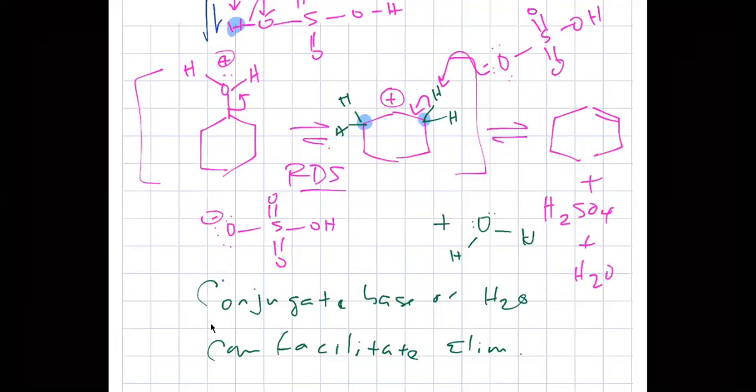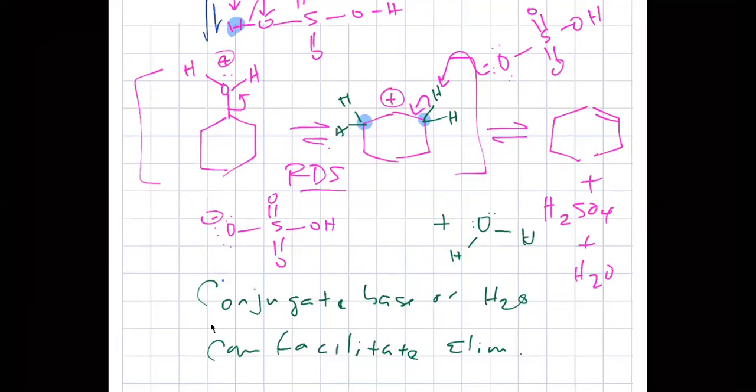So the E1 and the SN1 basically follow the same pathway up until you get to the carbocation intermediate. And then from there, that's where the pathways diverge.